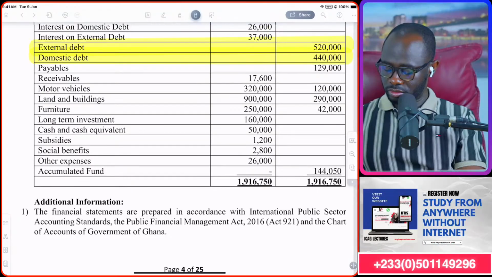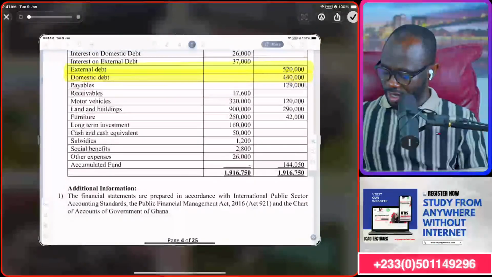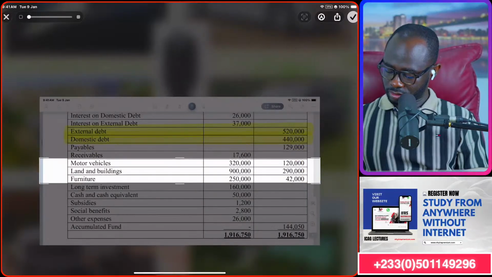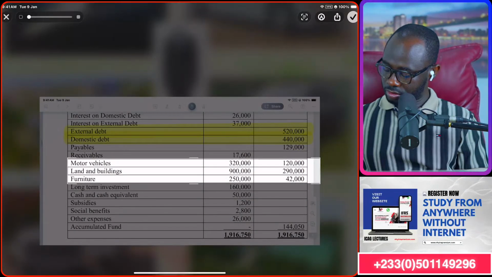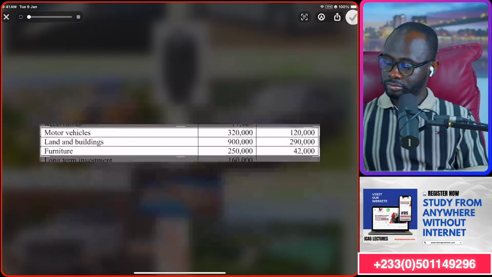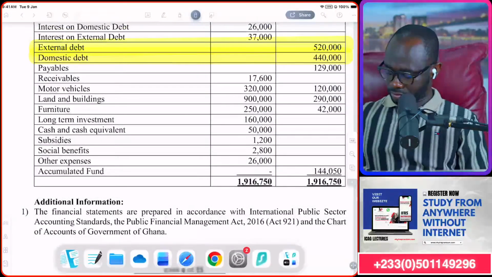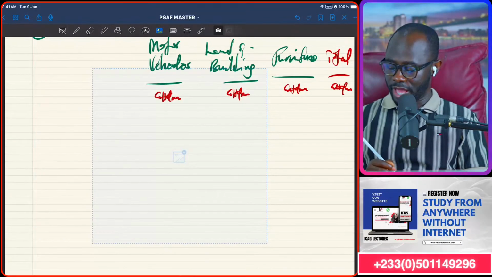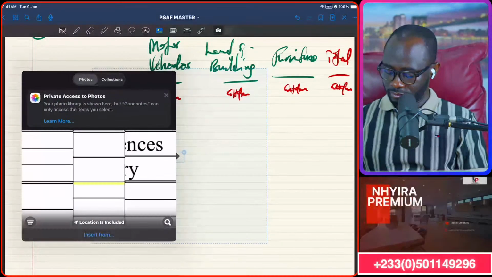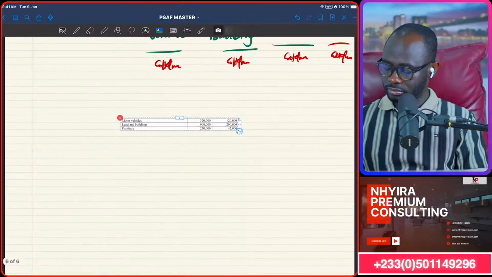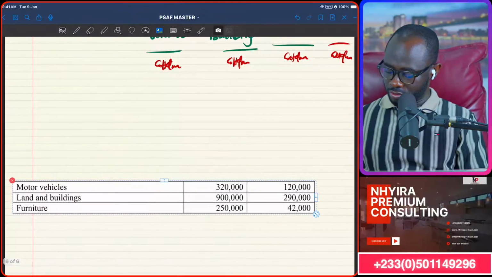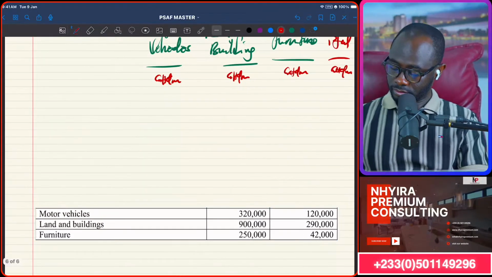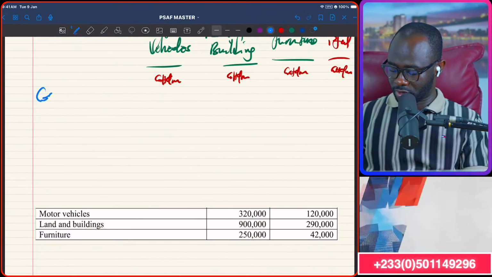So let me take them out like this, and then see what we have. Let me zoom out a little bit. So we bring in the cost.